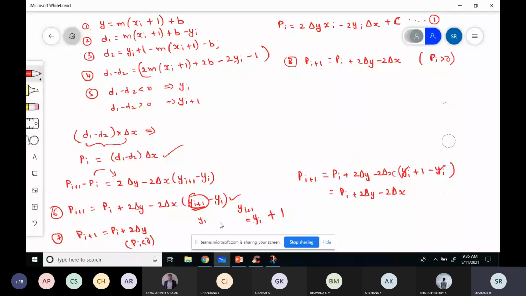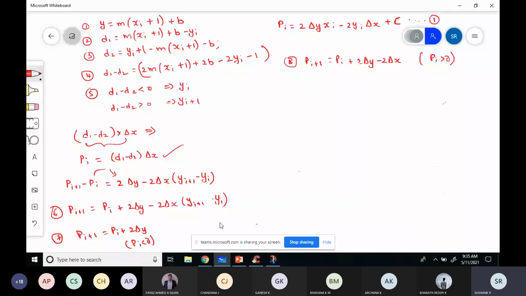So now all the values have been calculated. After this you have to calculate the initial parameter. I'll just erase this and write with the general i plus 1. So you have to calculate the initial value, in the sense p naught or x naught, y naught.